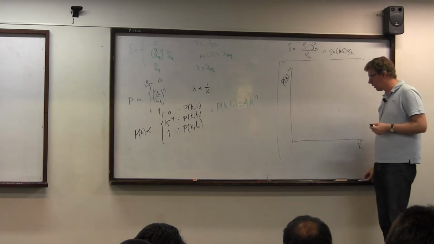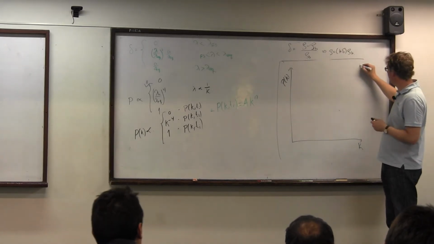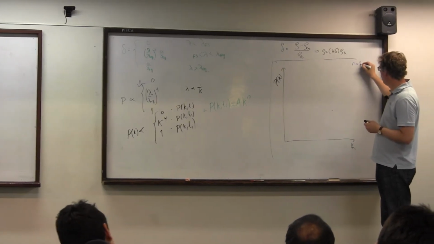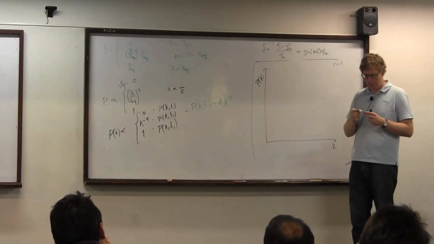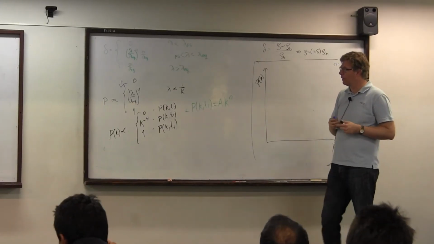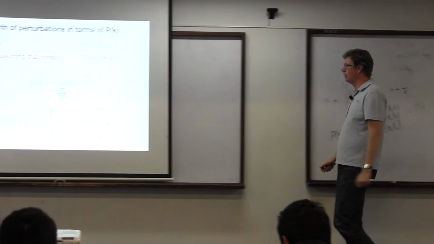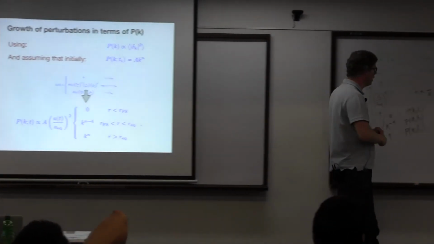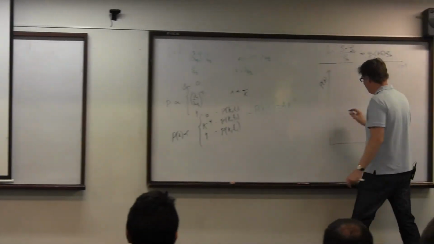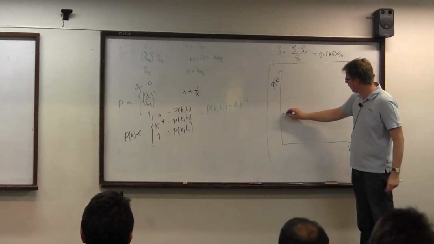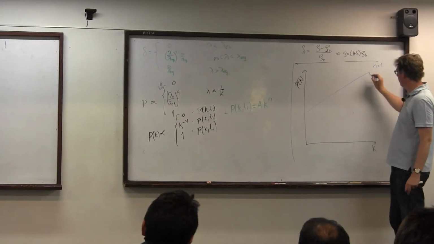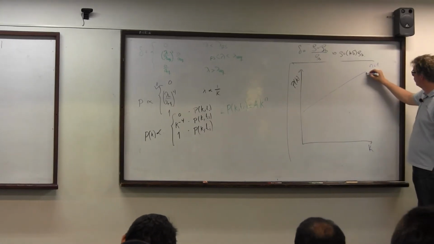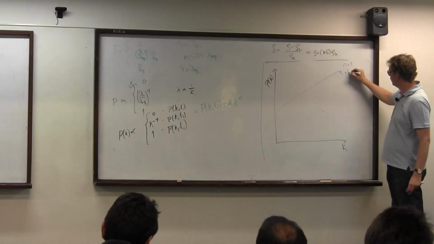It's very popular to use n equal 1. So the initial P of k goes as k to the 1, which looks like a straight line with unit slope.